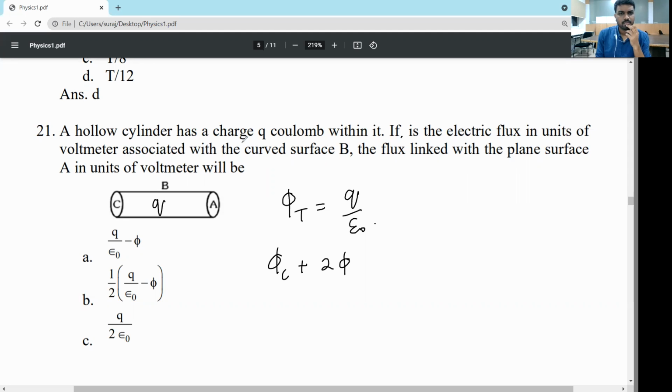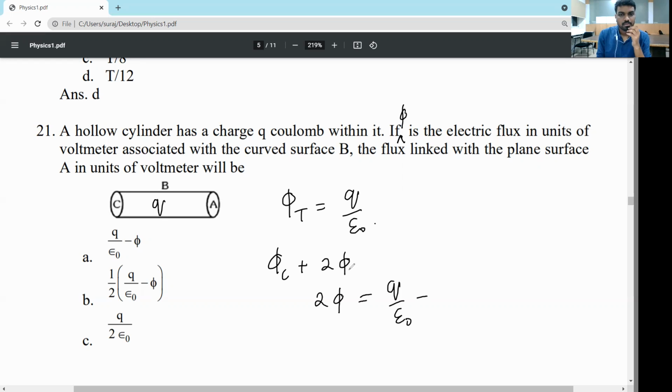The hollow cylinder has a charge Q coulomb within it. If phi is the electric flux in units of volt-meter associated with the curved surface B, then phi plus 2 phi A will be equal to Q by epsilon naught.